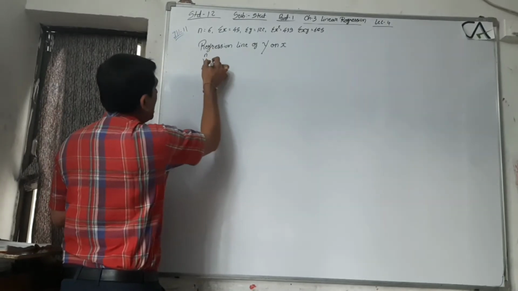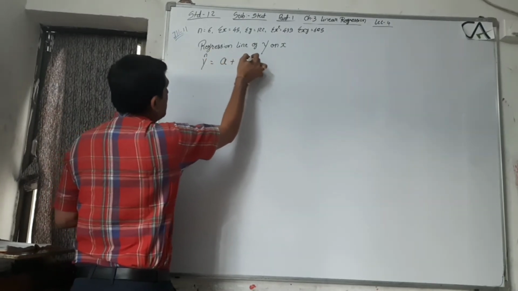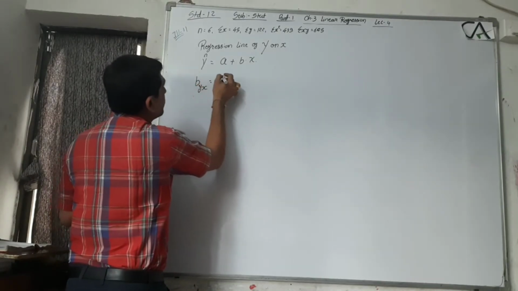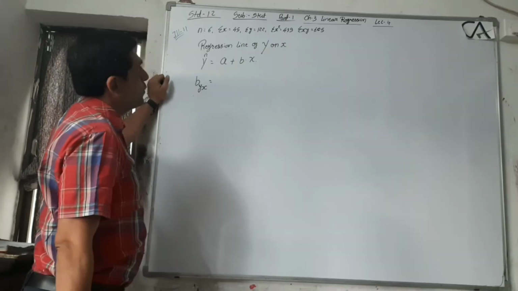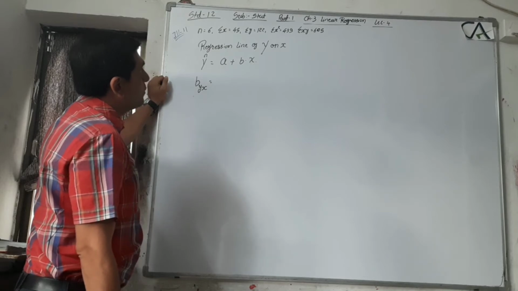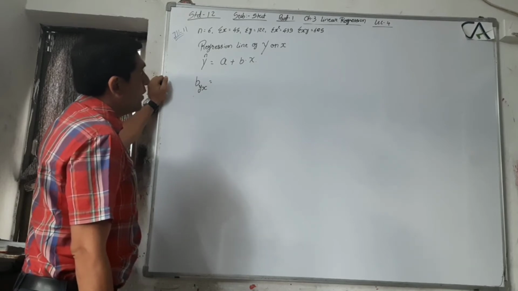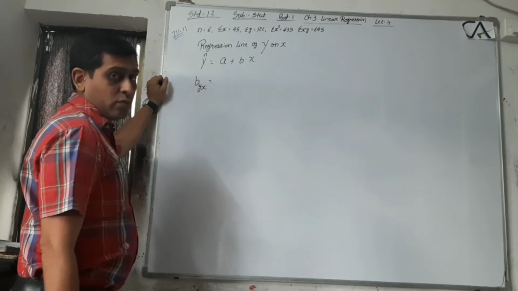That means y cap is equal to a plus bx, where byx, b is equal to, which formula do we have to use? See, sigma xy, sigma x, sigma y, sigma x square.